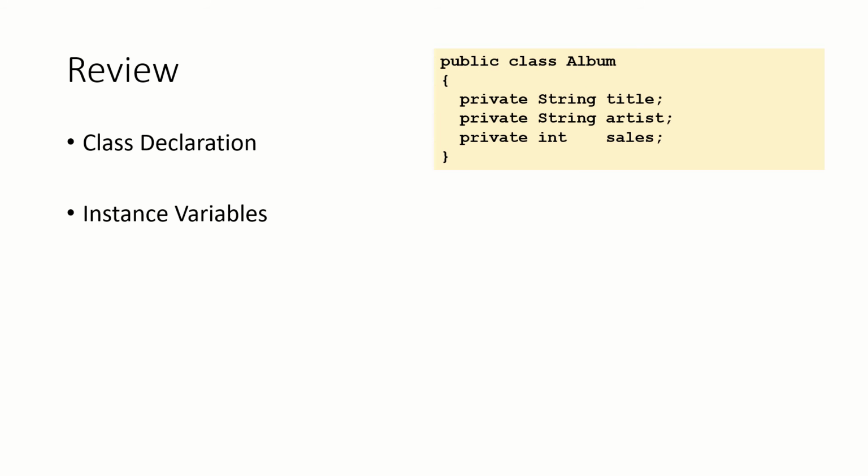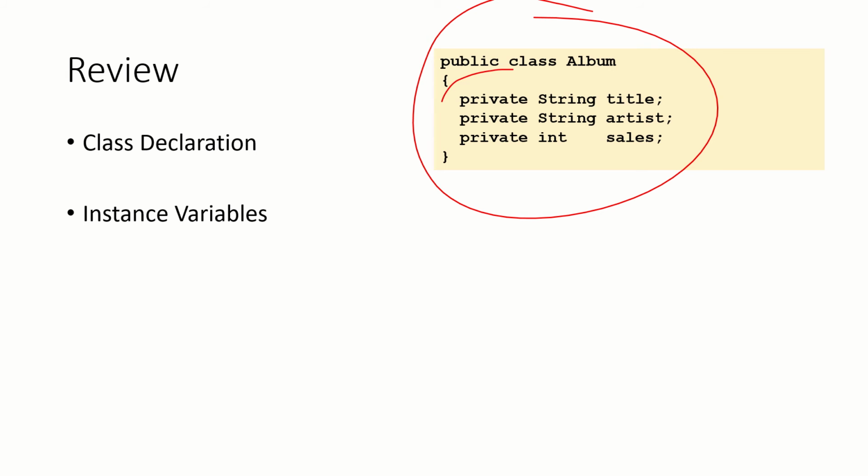Then one class has instance variables. The instance variables we talk about can be used globally. Sometimes we call them global variables, which means they can be used in the entire class once you declare them.